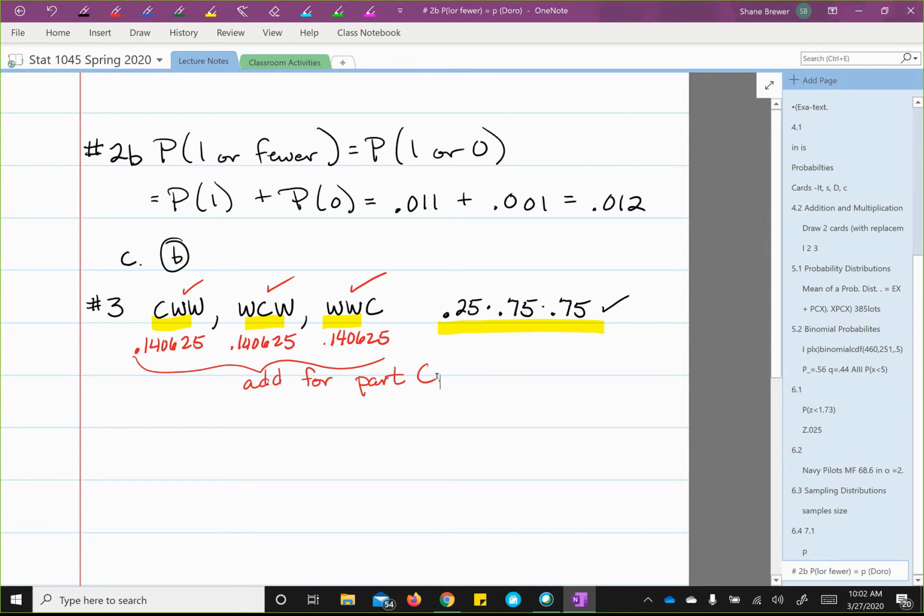So this is number 10. How many different selections are possible?